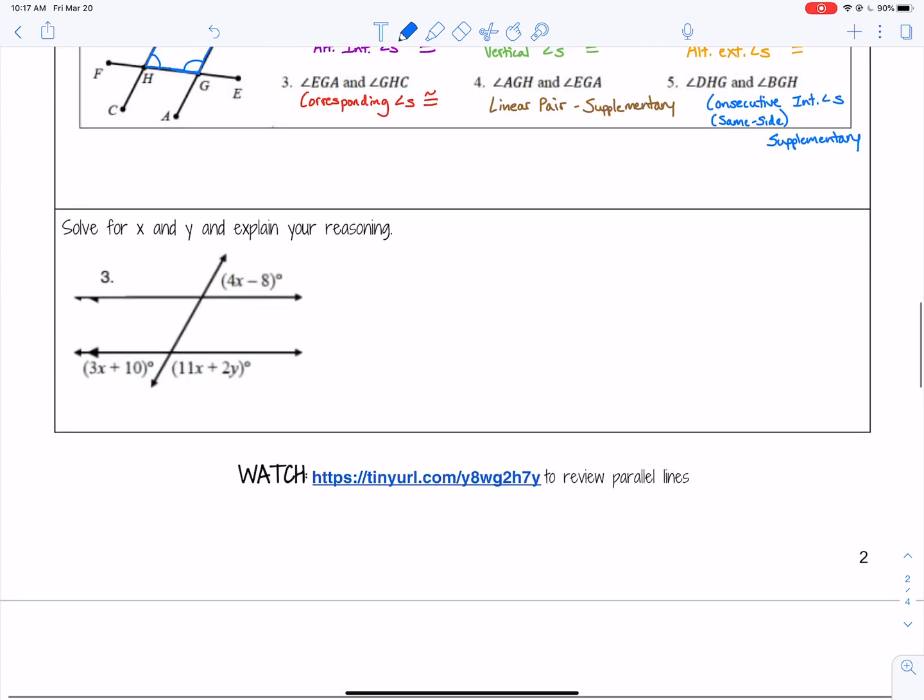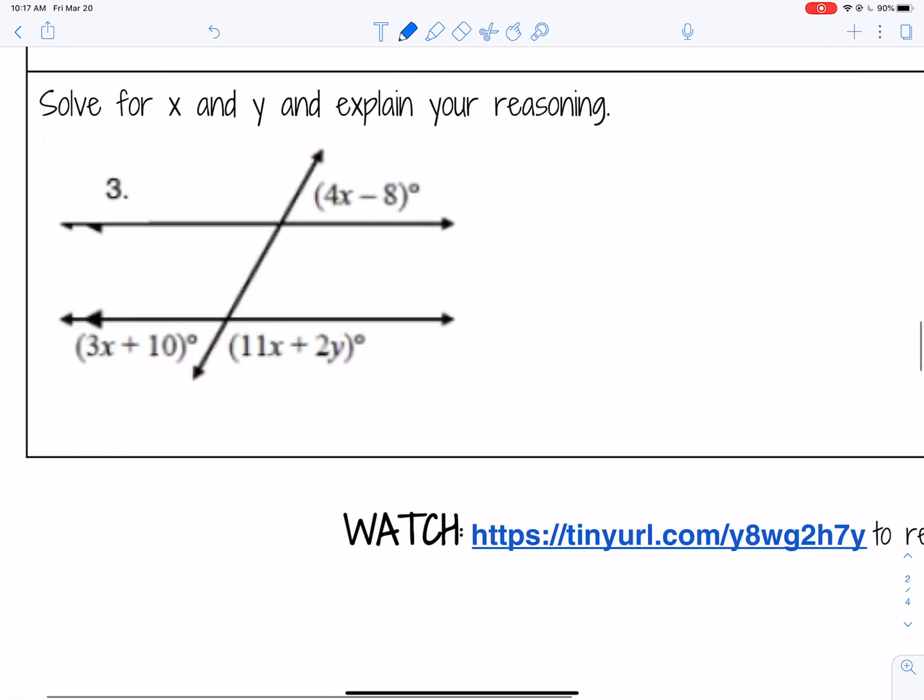Okay, so we just have one more example to work through. This one says solve for x and y and explain your reasoning. So when you look at this picture, you might notice that this one has 4x minus 8. This one has 3x plus 10 as the angle measure. This one has 11x plus 2y.